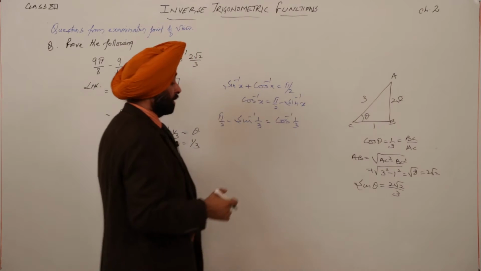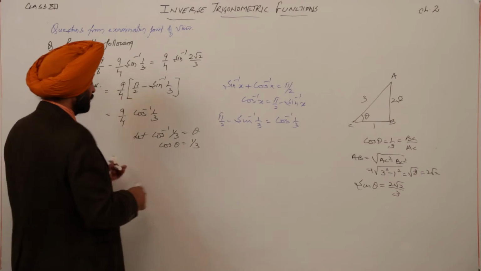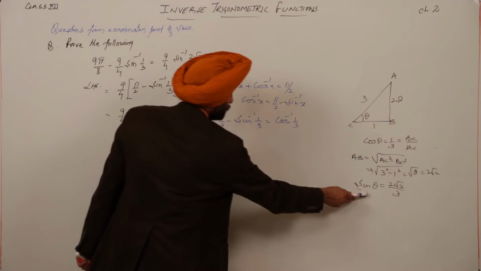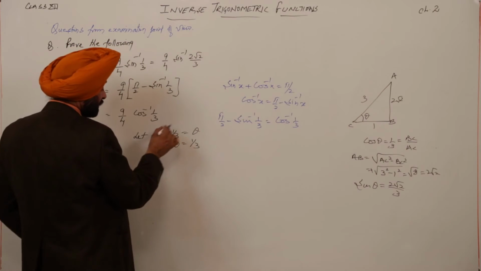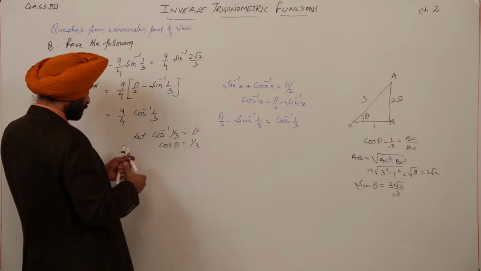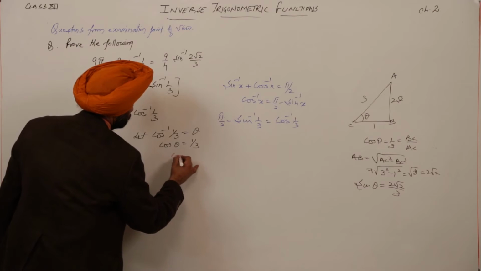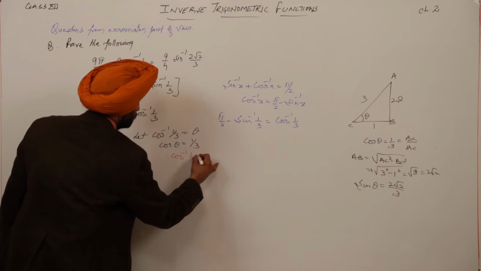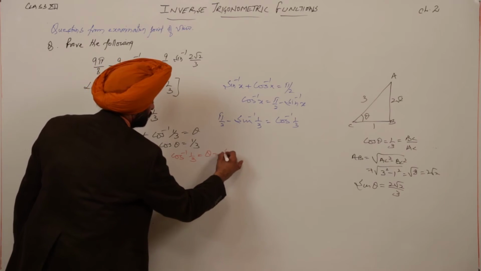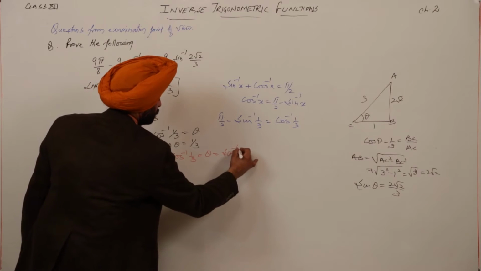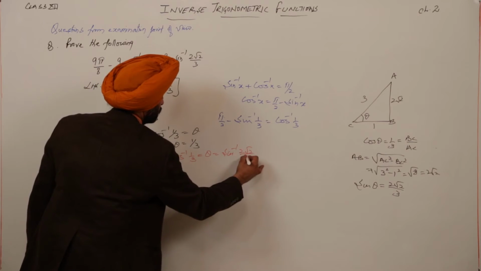Okay. So we are getting cos theta is 1 by 3 and sin theta is 2 root 2 by 3. We can write it here now: cos inverse 1 by 3 is equal to theta, and theta is equal to sin inverse 2 root 2 by 3.